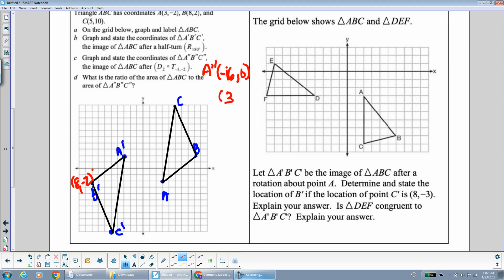And I'm subtracting 2 from the y coordinate. So let me get my calculator. -2 minus 2 is -4. So that would be 3, -4. And then scale factor of 2 for the dilation. So that would be 6, -8 for B prime.